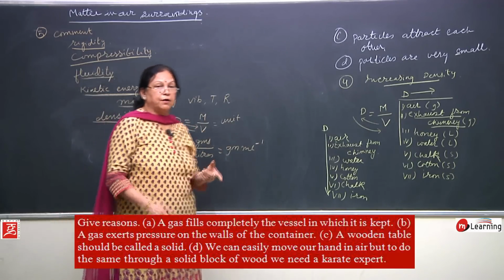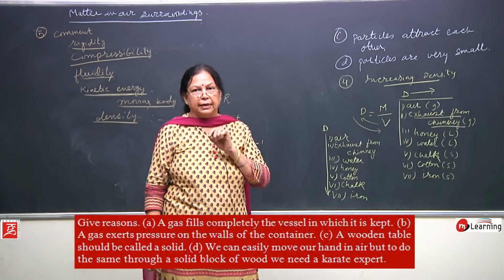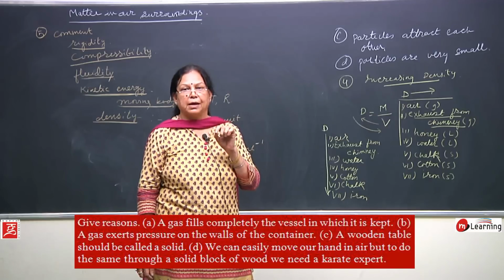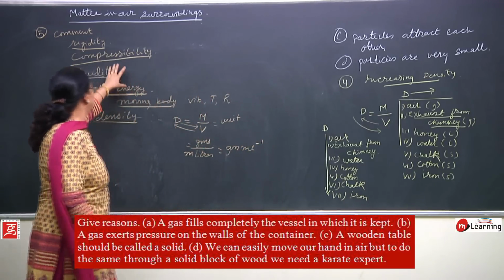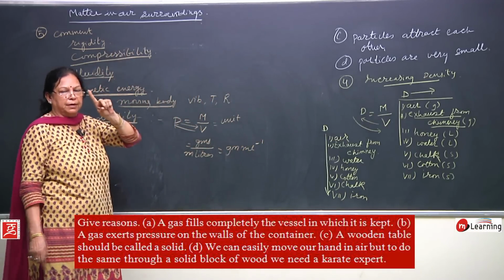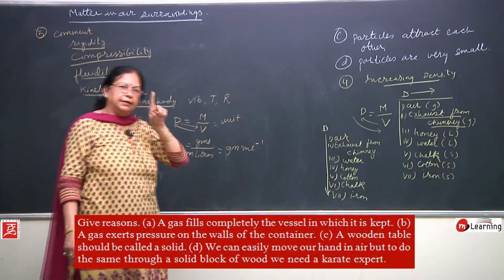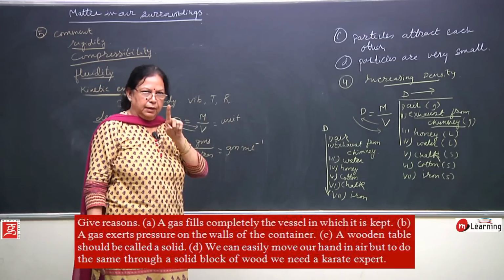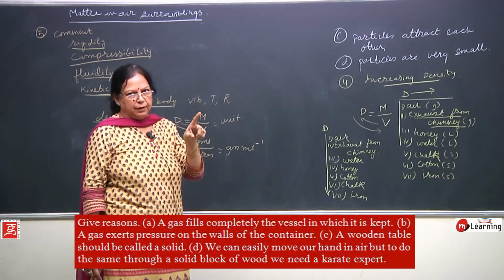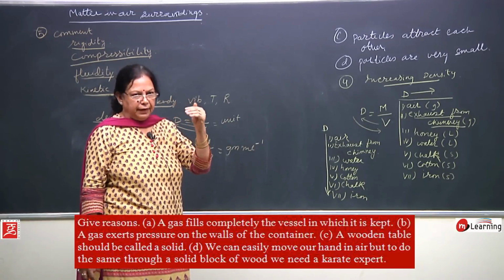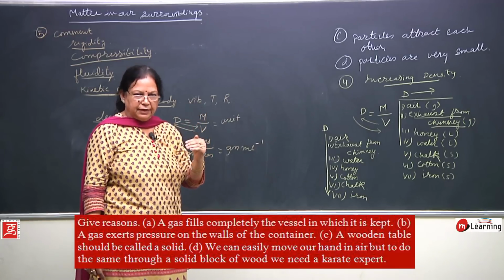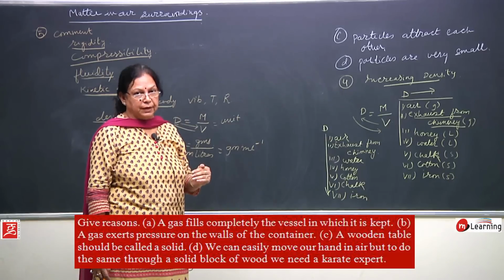So, how much you have to write for each, that again depends upon the marks. If each term is asked for 1 mark, then you just define the term and give one example. If each term is given for 2 marks, then define, give an example and try to explain.